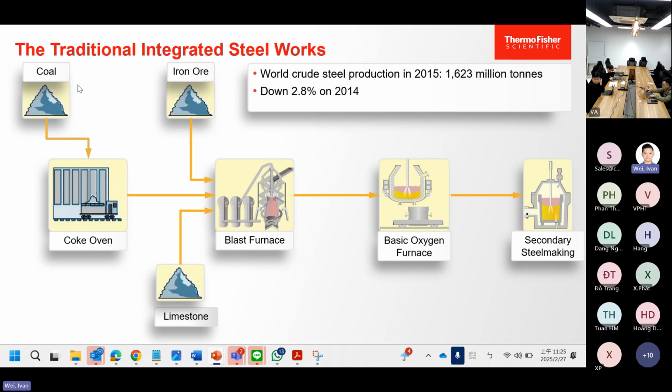So steel companies use a lot of our process mass spectrometers to measure the different gases, fuel streams, and also the emissions from their reactions.